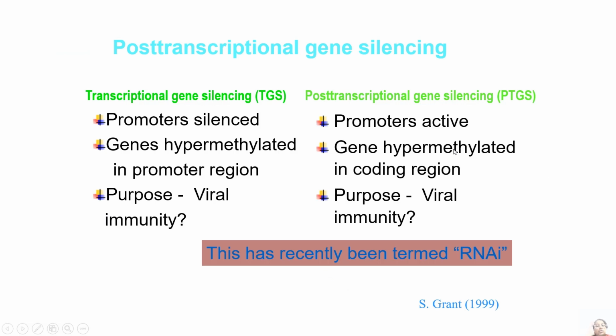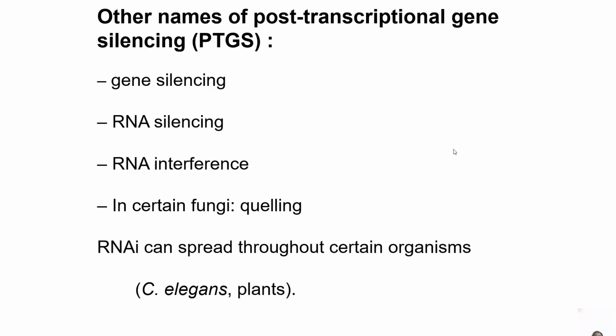Okay. So, what is transcriptional gene silencing and post-transcriptional? In case of transcriptional, the promoters are silenced. In the other case, the promoters are active. The genes are hypermethylated in the promoter region in transcriptional silencing, whereas the genes are hypermethylated in the coding region in case of PTGS. And this is just simply termed as RNA interference.